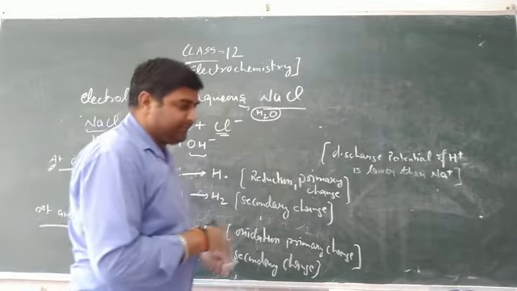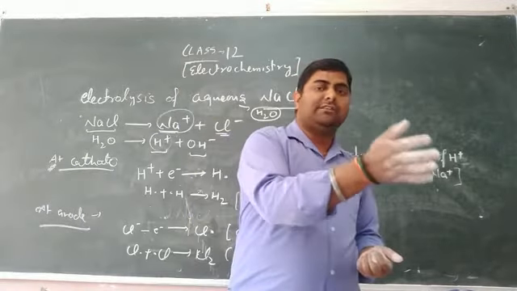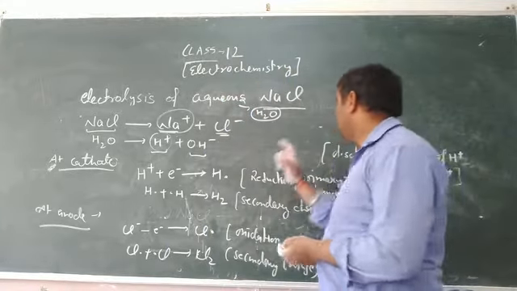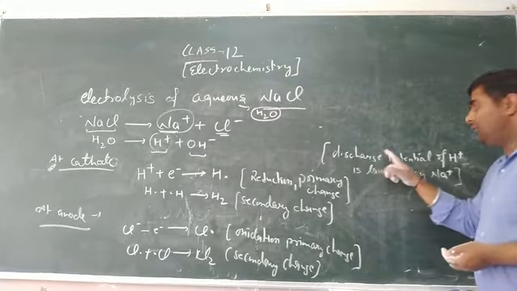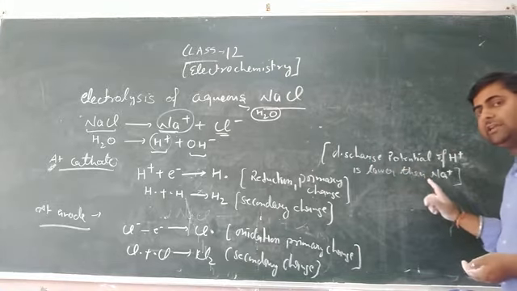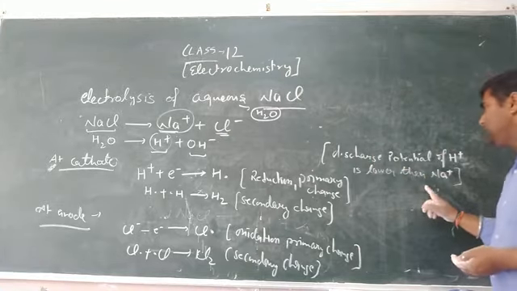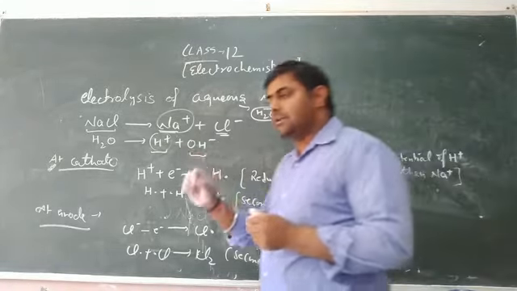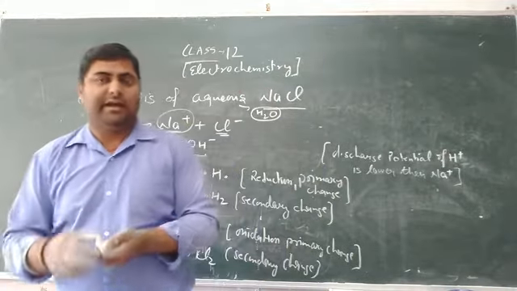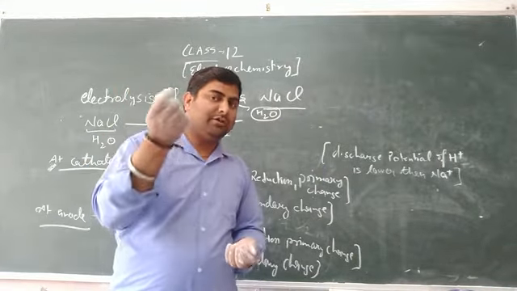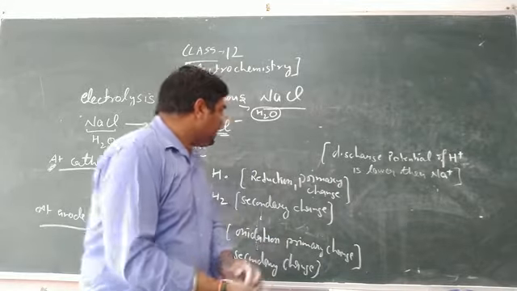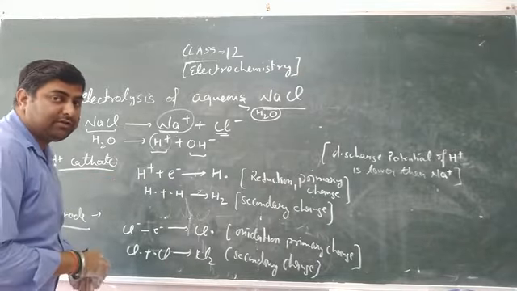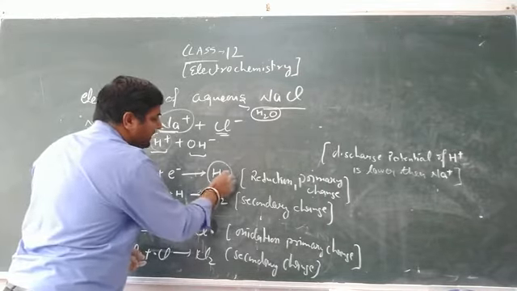While they are moving towards their respective electrodes, the discharge potential of hydrogen is lower than that of sodium. It means the hydrogen ion gets discharged easily as compared to the sodium ions. So hydrogen, because of small size, moves faster. It reaches the cathode, gains the electrons, and gets converted into a hydrogen free radical.